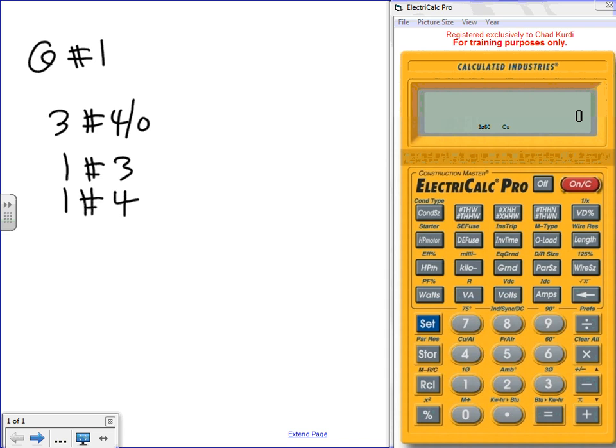This is for version 8. All conductors are THHN. Easy, typical.